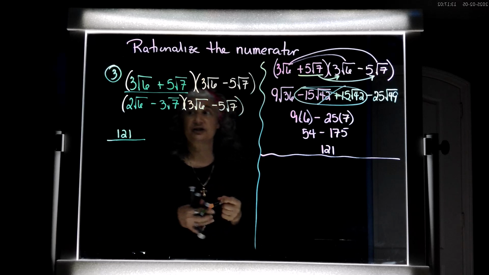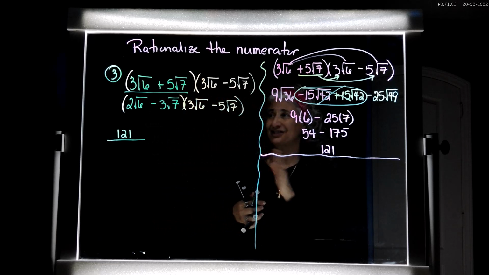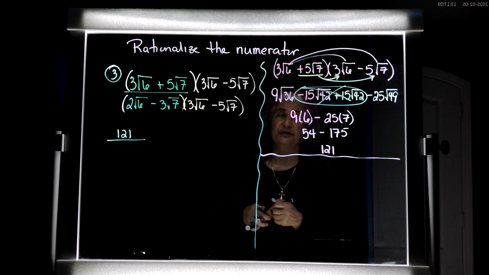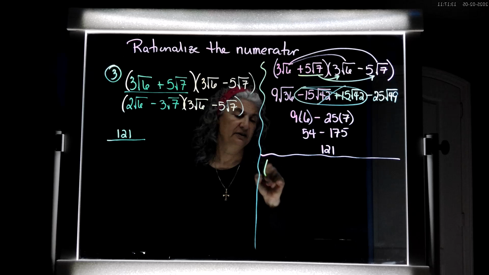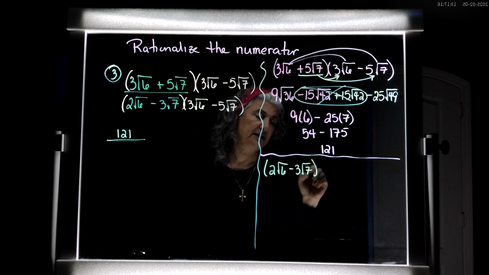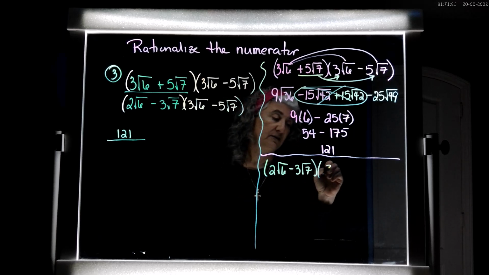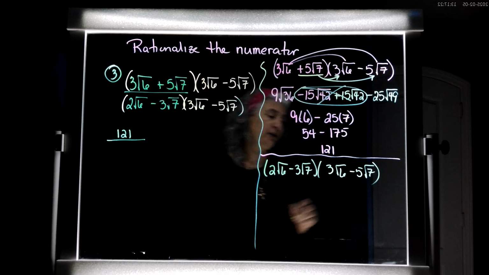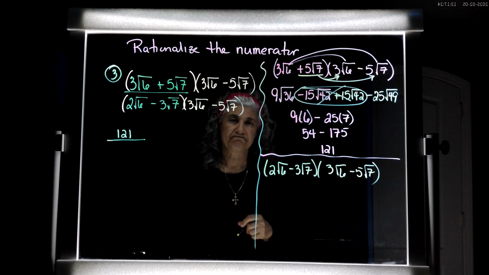Okay, I got some work to do over here on the side because that's going to look too ugly in the problem itself. So let's see what happens. We have 2 square root of 6 minus 3 square root of 7 times 3 square root of 6 minus 5 square root of 7. Okay, talk me through it.